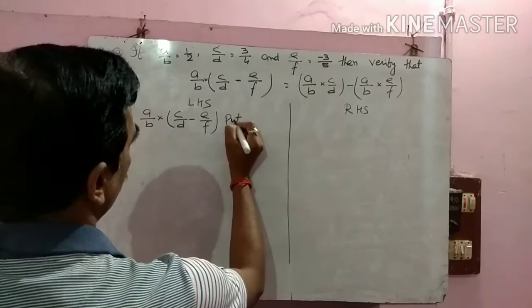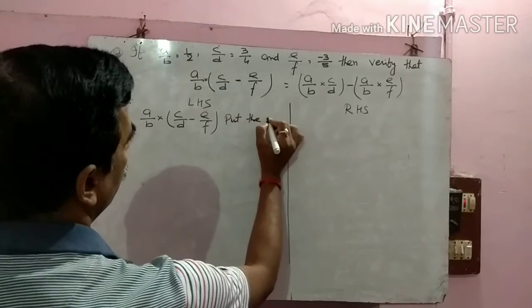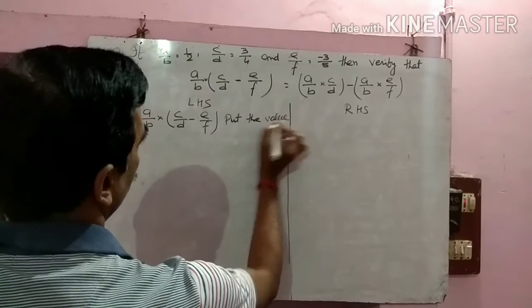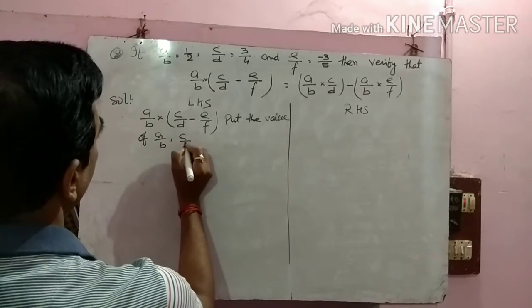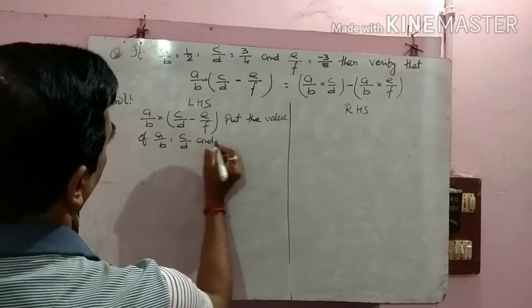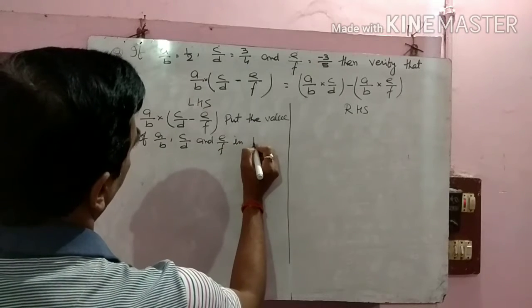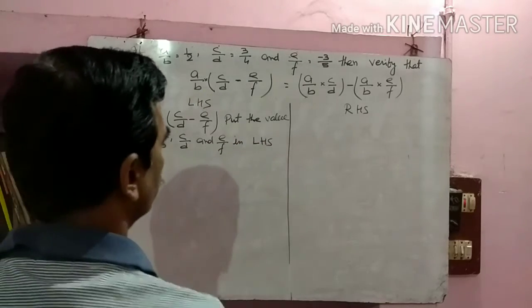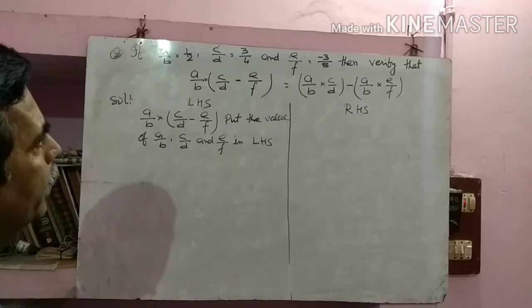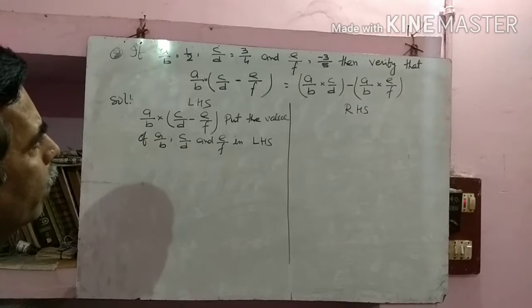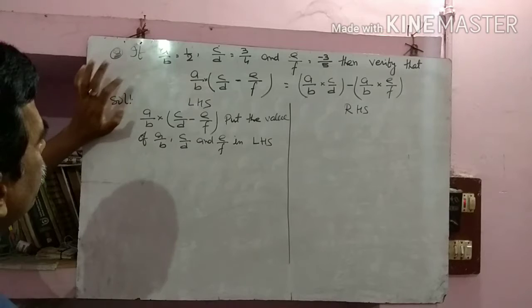As we did in the previous question, put the values of a/b, c/d and e/f in the LHS one by one as given in the sequence.